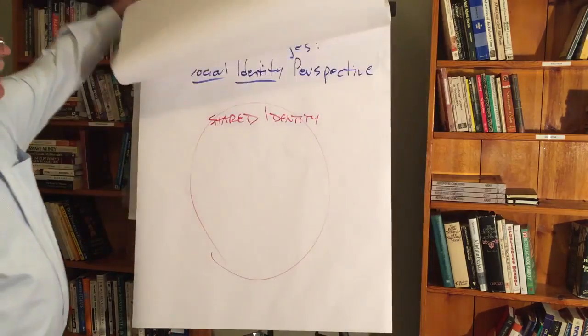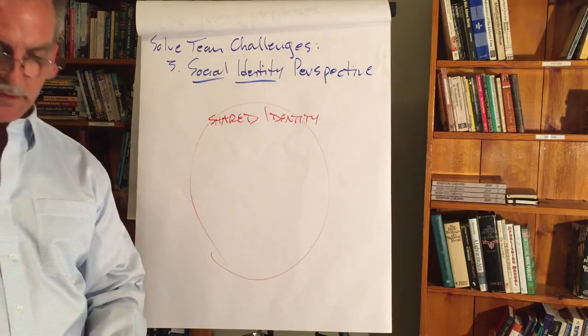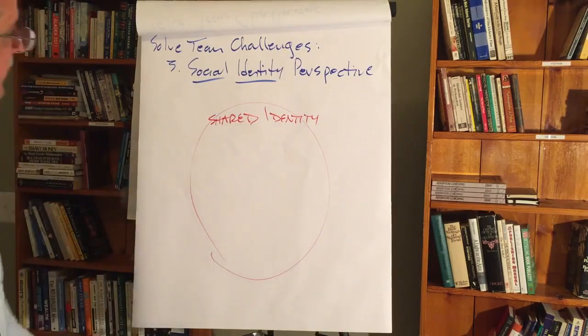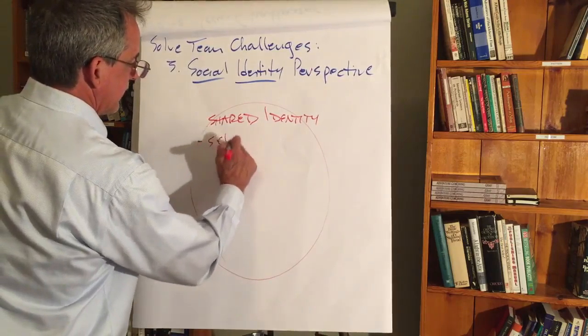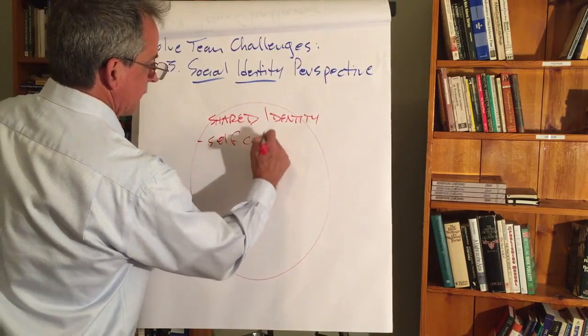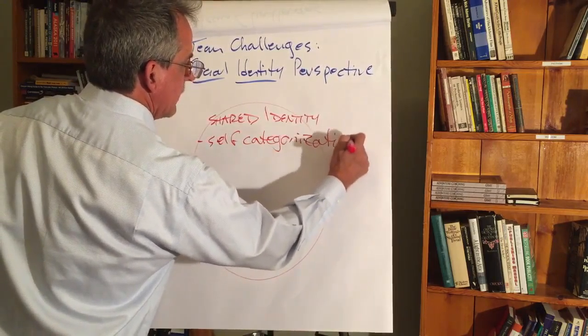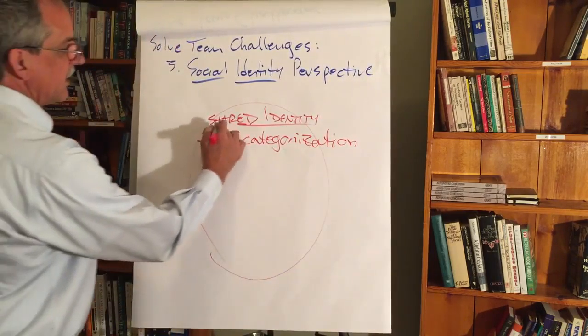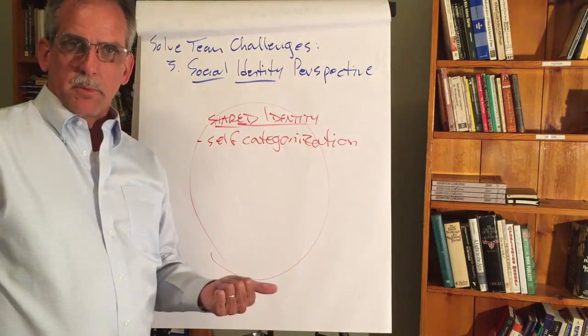Let me give you one last one. The social identity perspective is a way to think about, well, are you in the group, in the circle, or not? And one key idea here is self-categorization. As I've already stated, the folks at Decision Tech are known to be eminently employable.